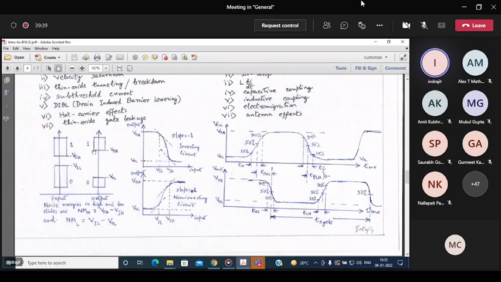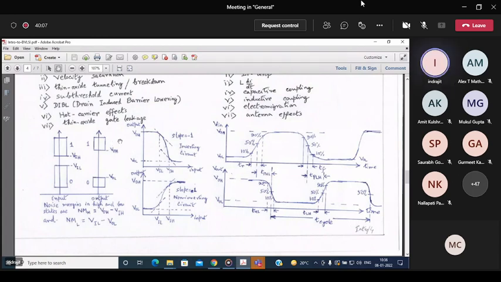VOH is the lower limit of the logic 1 voltage on the output of a gate, let us say. And VIH is the lower limit on the input of a gate. So due to negative noise or low going noise, suppose on the output side the signal is having this value and it is traveling through interconnection and coming to the input of the next device.